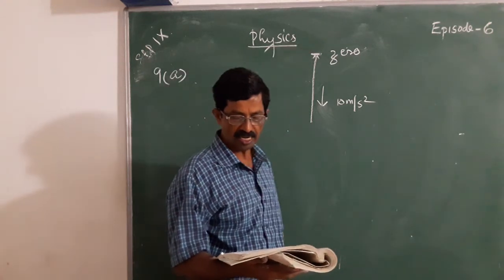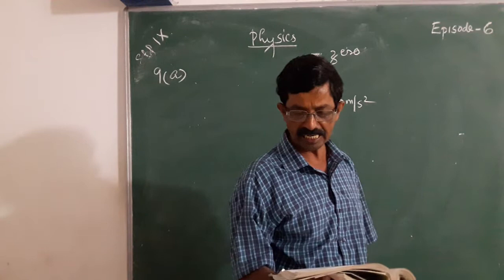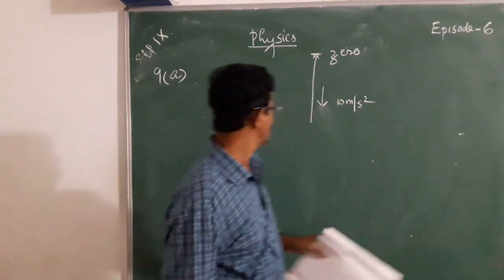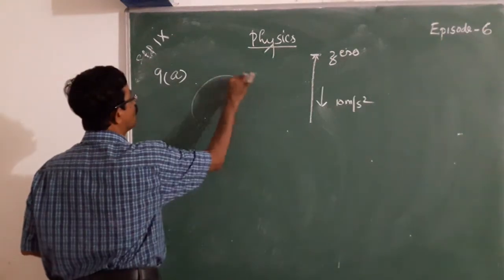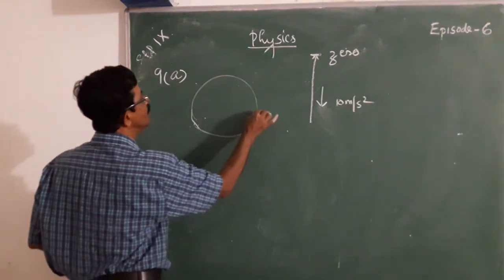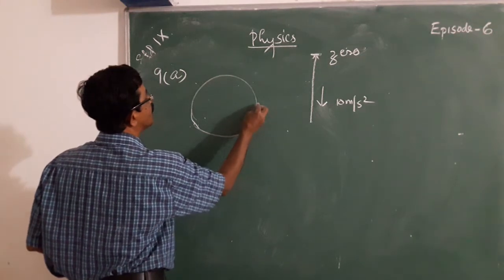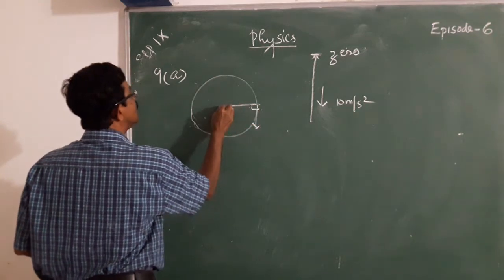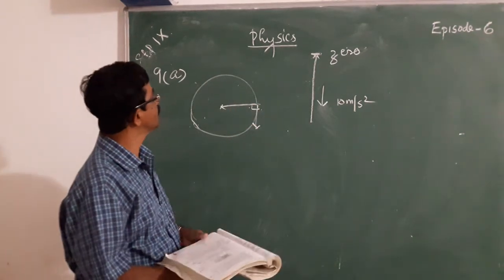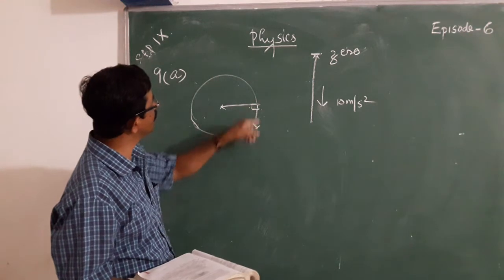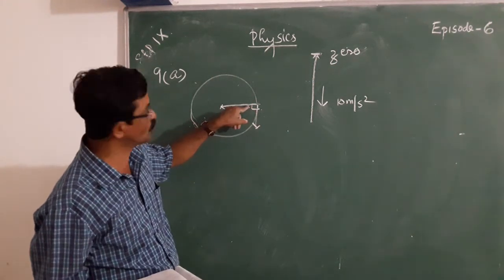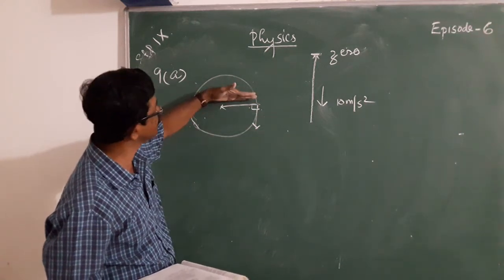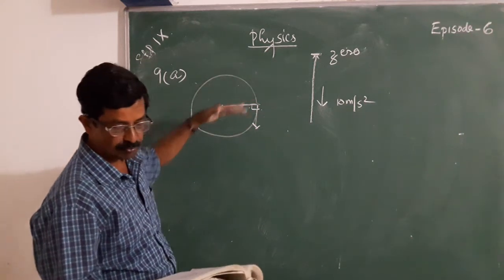Next, an object moving in a certain direction with an acceleration perpendicular to the direction. See, an object in circular motion. Here the direction of velocity is along the tangent, but the acceleration is towards the center. So they are perpendicular.